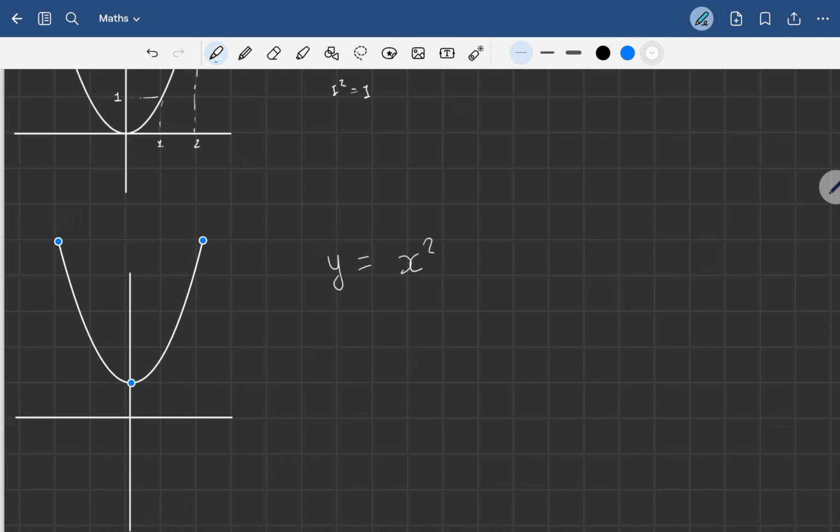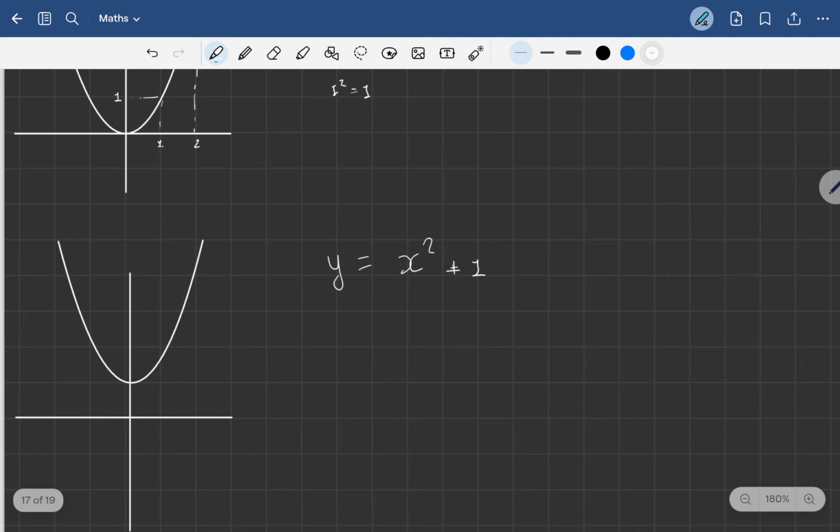If I move it one unit up, what has happened? Every single value has increased by 1. So the output of the function, aka the y value, has just increased by 1. So I could just add 1 to everything, and we get this curve.